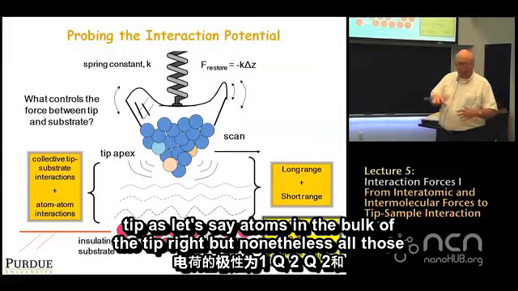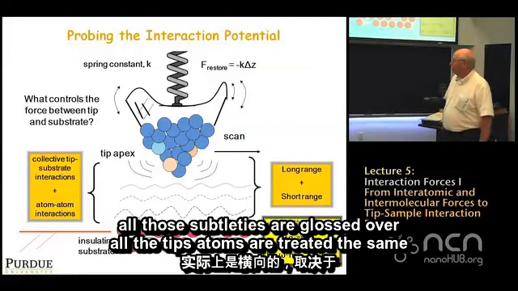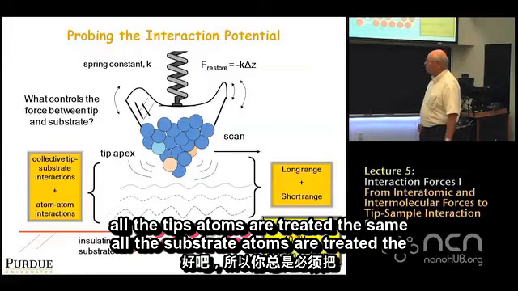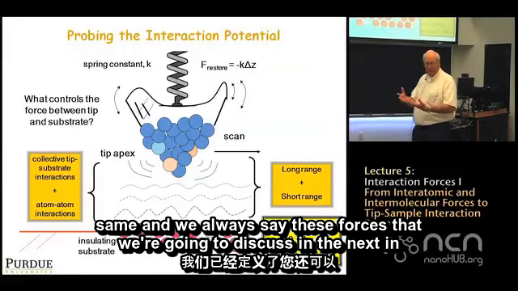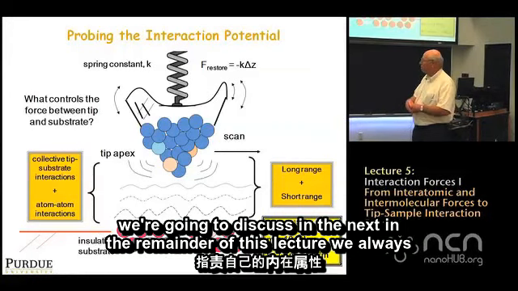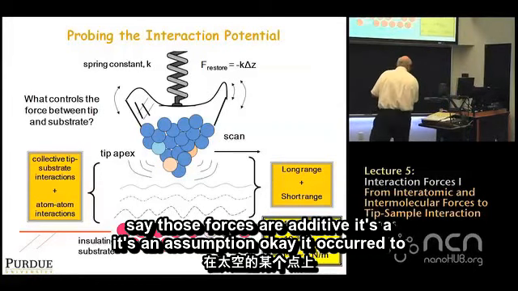But nonetheless, all those subtleties are glossed over. All the tip atoms are treated the same. All the substrate atoms are treated the same. And we always say these forces that we're going to discuss in the remainder of this lecture are additive. It's an assumption.